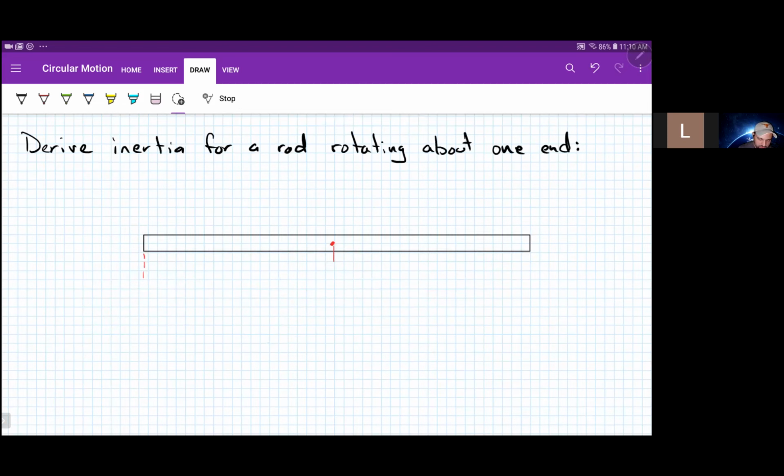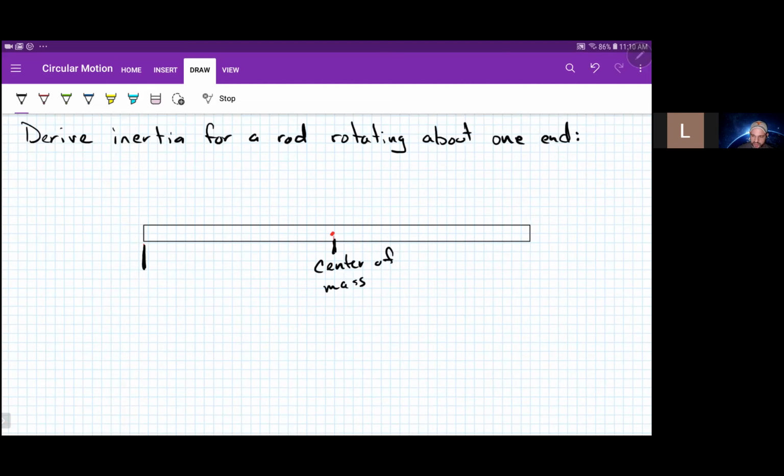Okay, so again, we've got our center of mass. It's going to be right here. This is the center of mass. And we're going to set our axis of rotation here at the very end of the rod. All right.